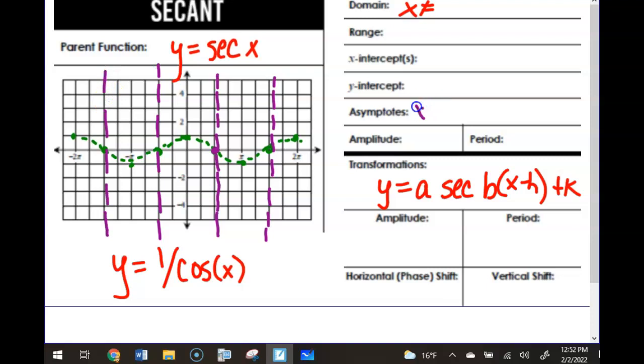This will have asymptotes. Okay? So the undefined places are x cannot equal pi over 2n, where n is integers, 1 pi over 2, no, odd integers. I'm never going to ask you that, so don't freak out about that.